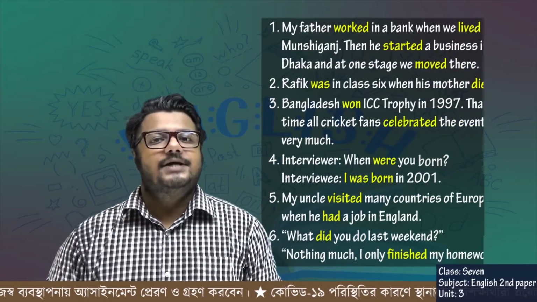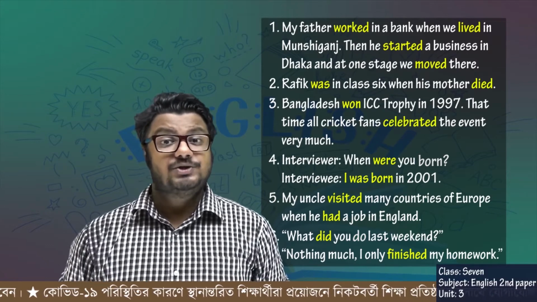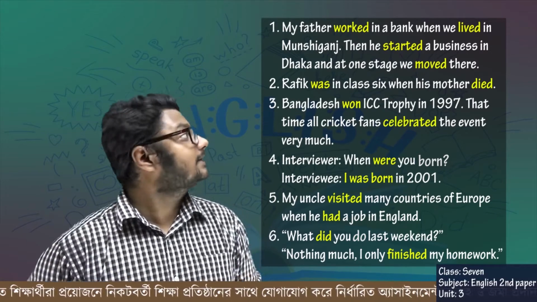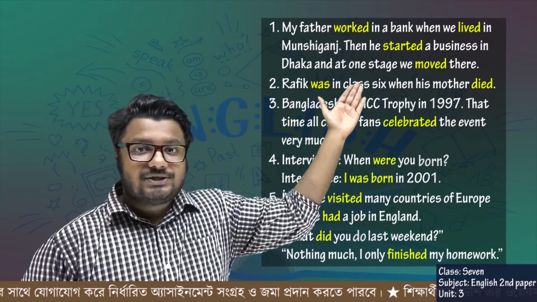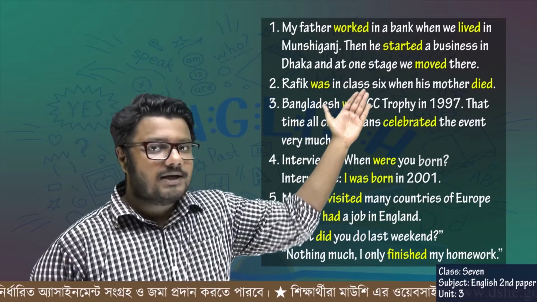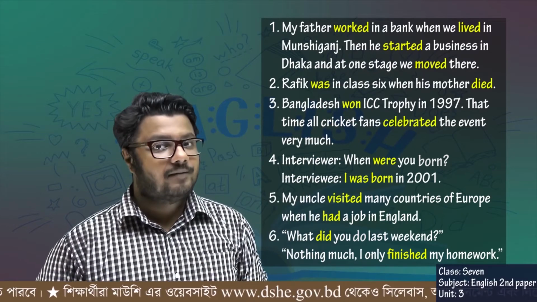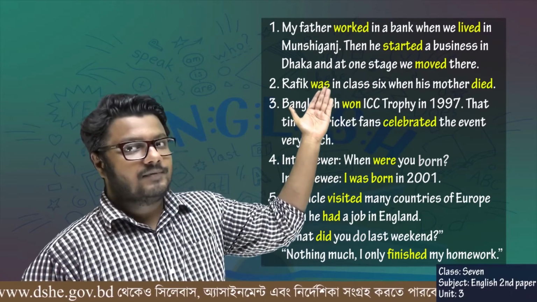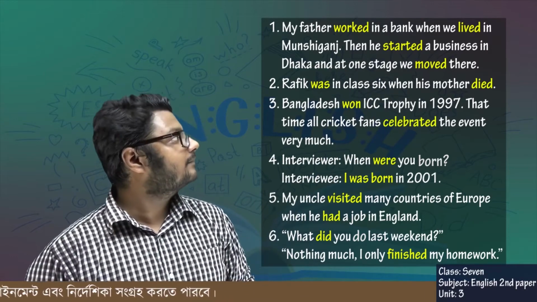Now, if we look at the underlined verbs, we can see that all the underlined verbs are used in their past form. For an example, in the first sentence, my father worked in a bank. Here, the verb worked is actually the past form of the main verb work. Then, when he lived in Munshiganj. Here, lived is the past form of the verb live.